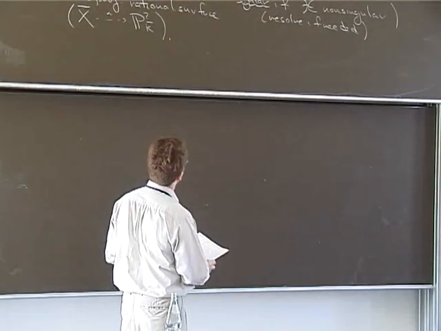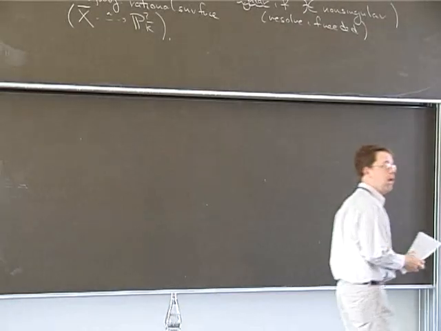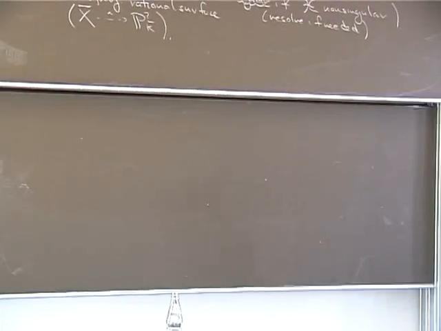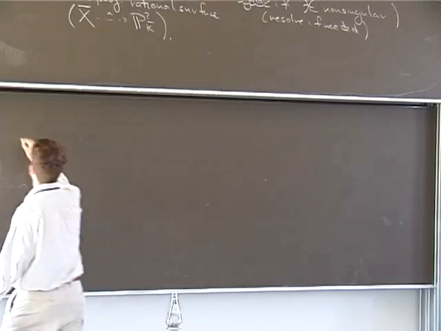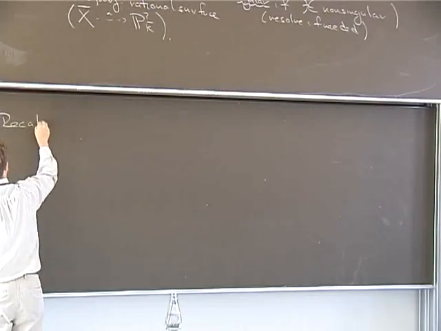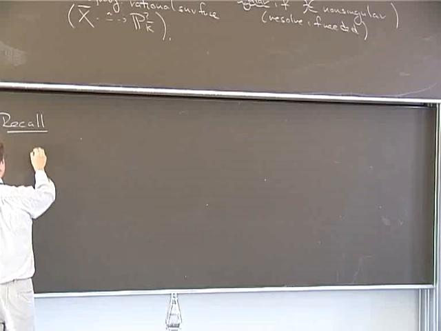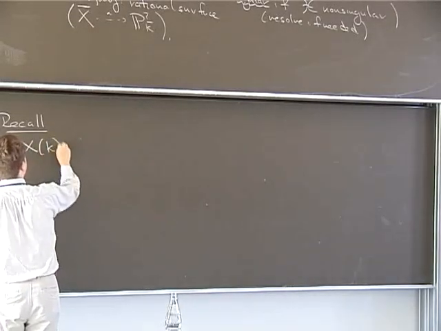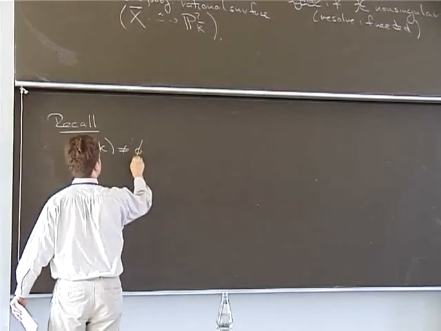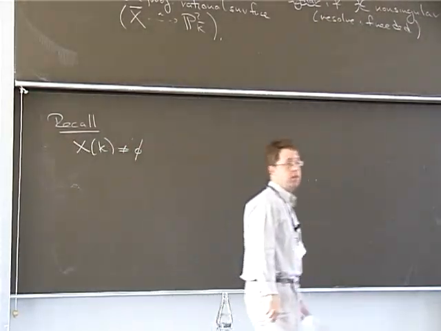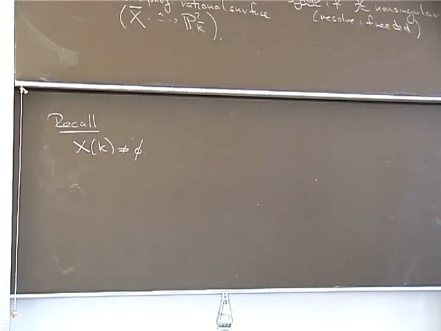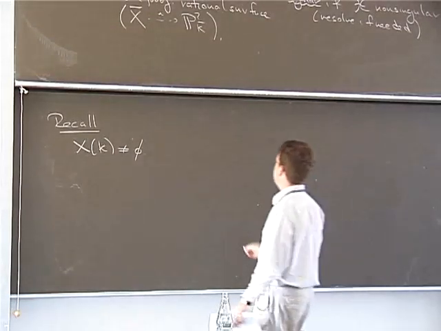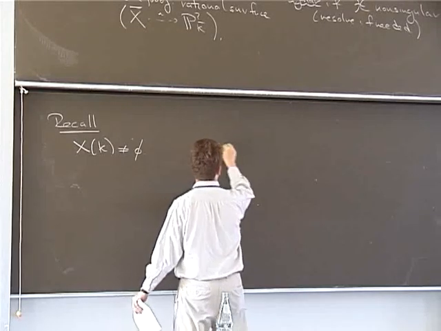So maybe let me make a remark about all this. So we saw that if X is such a surface, we always have a rational point. We discussed this, I think, yesterday at the beginning of the lecture. So let me translate what this means on the level of the model.